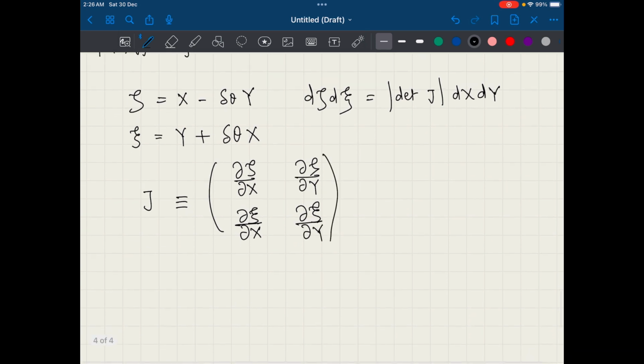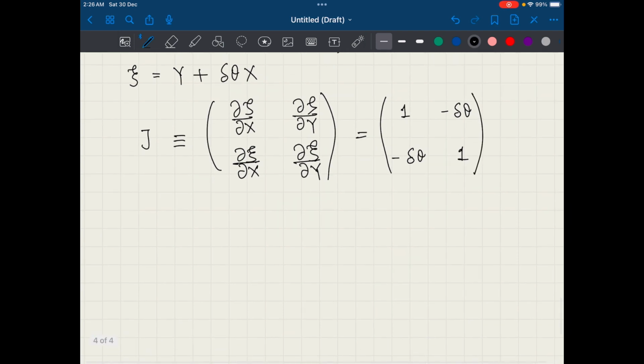Okay, so sometimes while talking I mistakenly call this zeta xi, sorry for that. Anyway, this matrix is 1, minus delta theta, delta theta, 1. So the determinant of J is actually nothing but 1 plus delta theta squared.